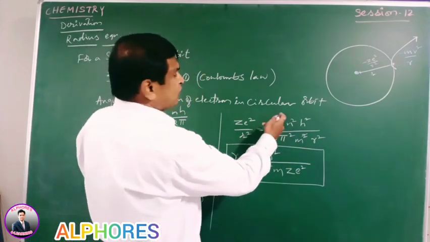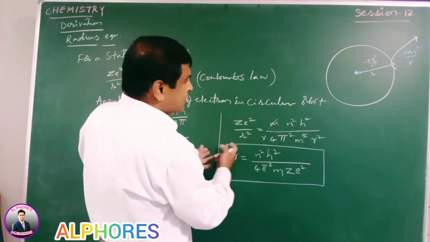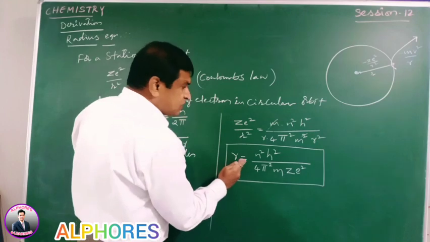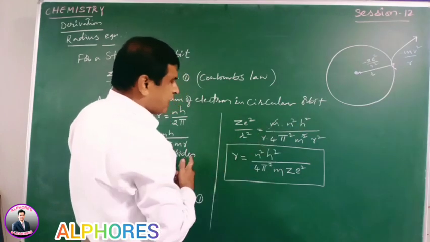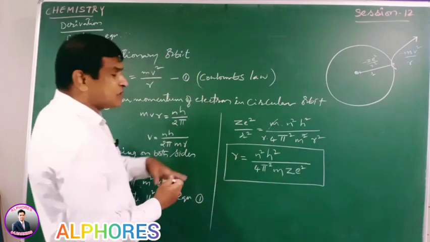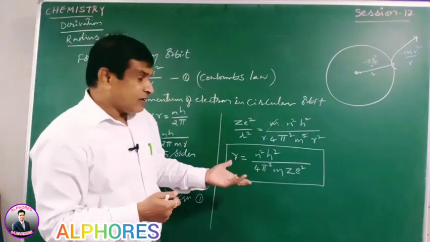So after cancellation of m and r square, and now taking out r, the radius of the orbit is equal to n square h square by 4 pi square m z e square. So this is the radius of the nth orbit.